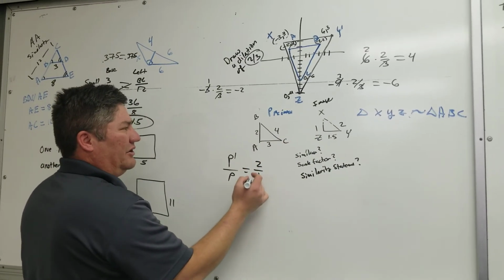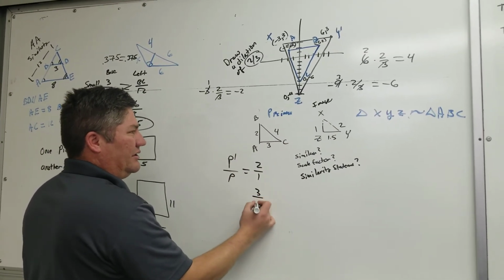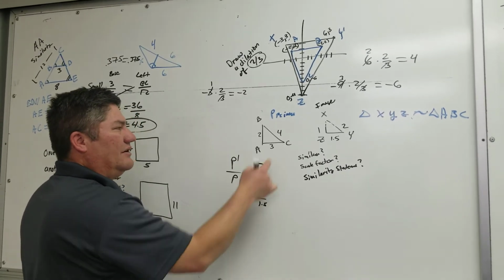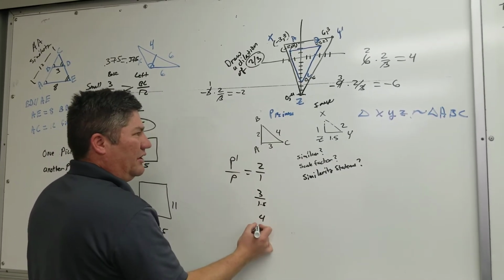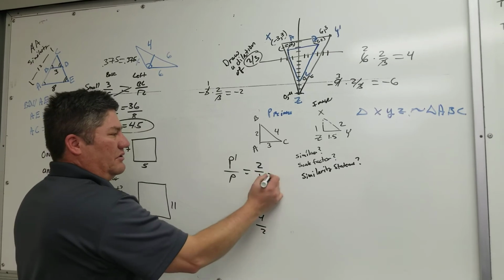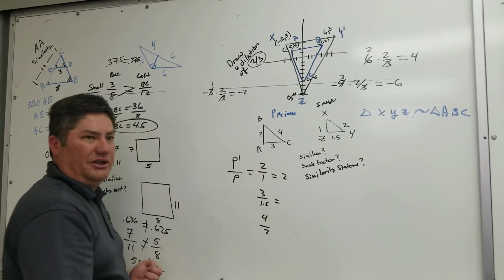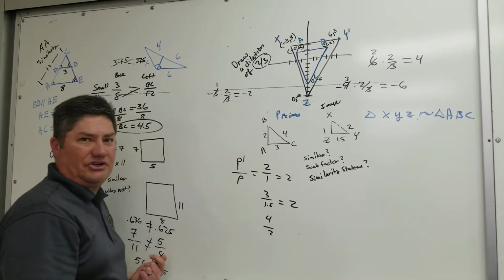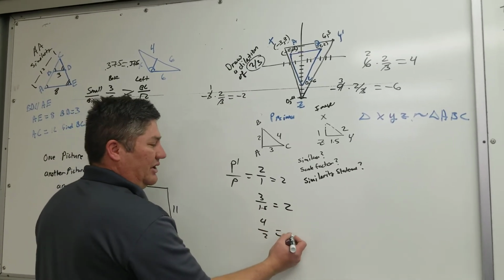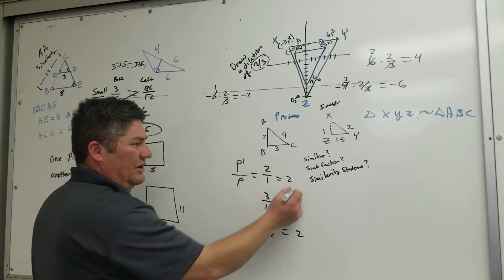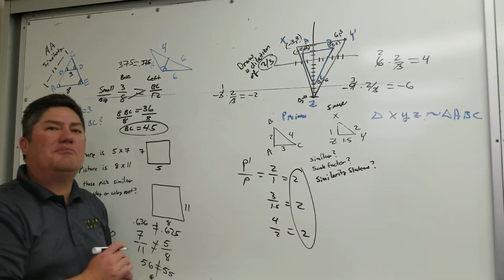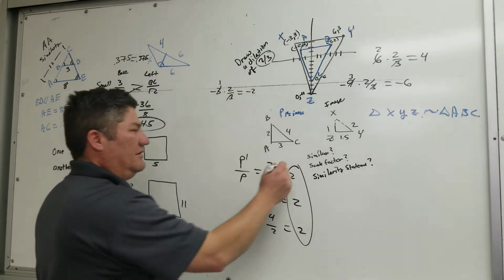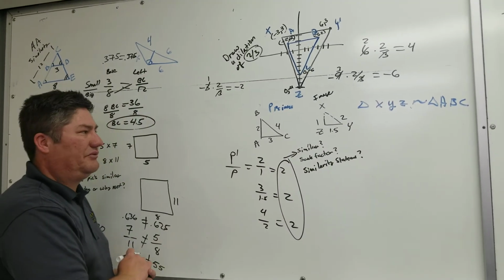Then think of the next one, next smallest, 3 to 1.5. Then the next smallest, 4 to 2. This is going to be 2. What's that going to be? Do it on your calculator. 3 divided by 1.5. Guess what? It's 2. 4 divided by 2. Guess what? It's 2. If all of these are the same, what can I say? It's similar. That's all I had to do.